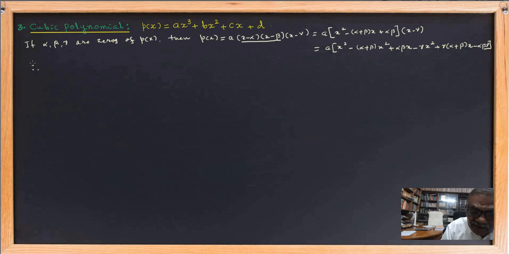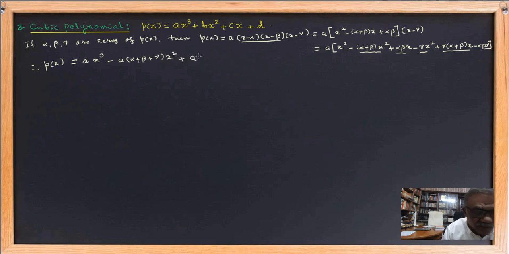And therefore p(x), simplifying this one by adding x square terms, and then adding the coefficients of the x term, p(x) is equal to a into x cube minus a into (alpha plus beta plus gamma) into x square.